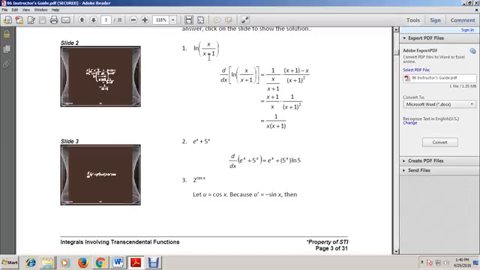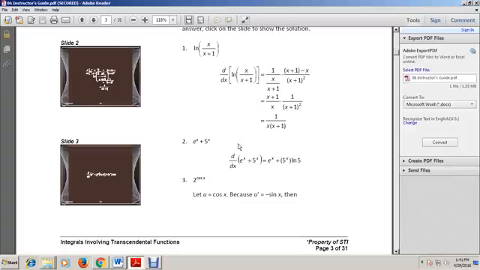If you have, for example, a quotient of the form a over b, and you are asked to get the derivative of a over b, the derivative of a quotient is equal to b times the derivative of a minus a times the derivative of b, all over b squared. Try to write down the statement as you hear it so that you could follow.